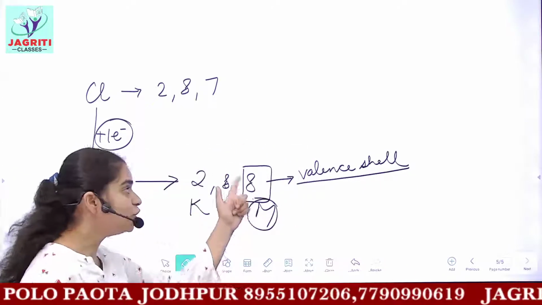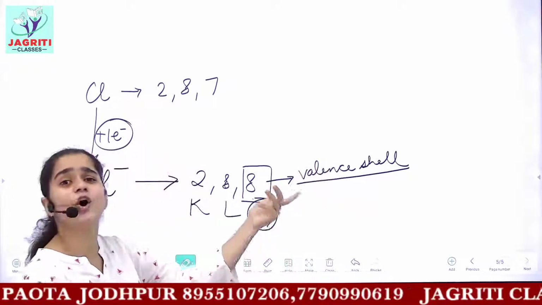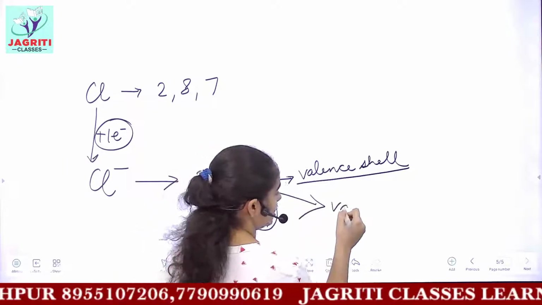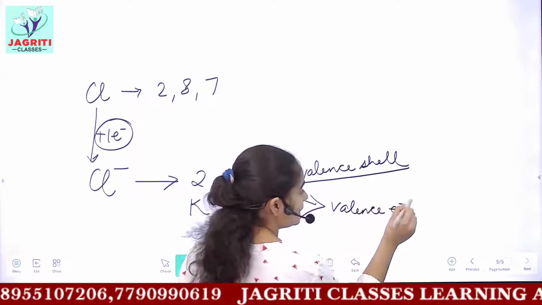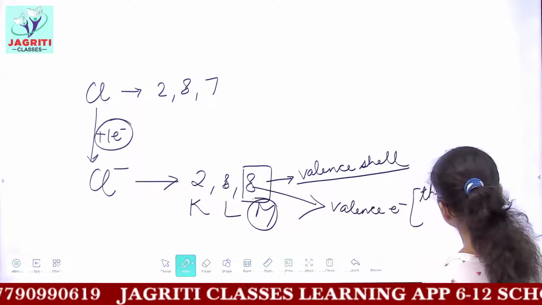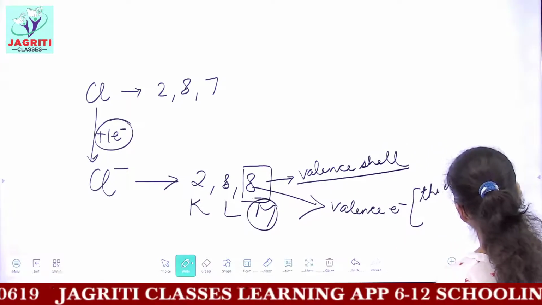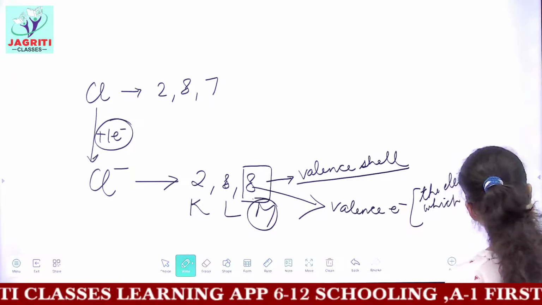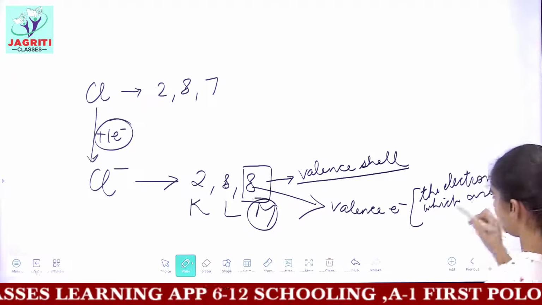And the electrons present in the valence shell are called valence electrons. Yes, and these 8 electrons will be called what? Valence electrons. Valence electrons means the electrons which are present in your valence shell.